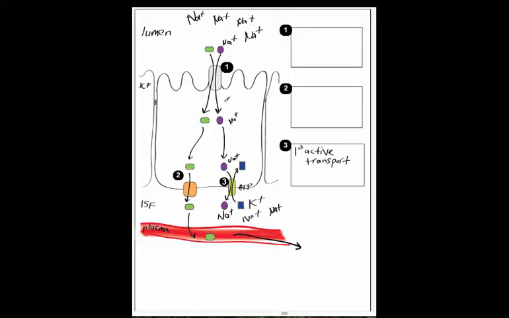because this gradient now creates a source of energy which allows us to move another solute into the cell against its concentration gradient. So here at step number 1, the process of secondary active transport can occur.